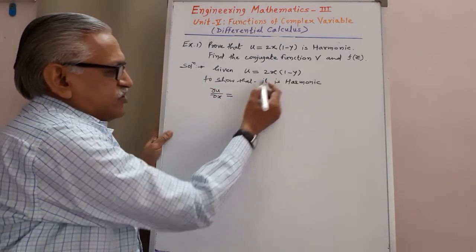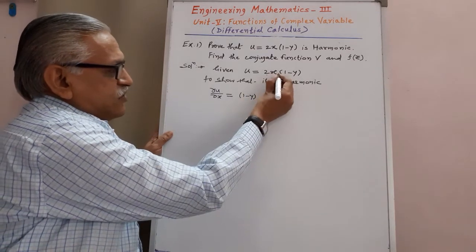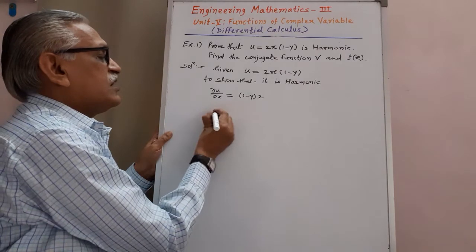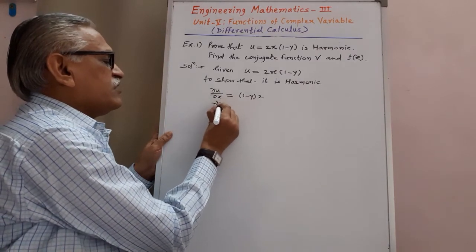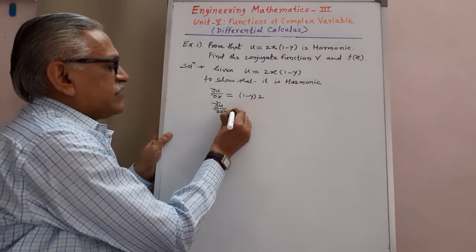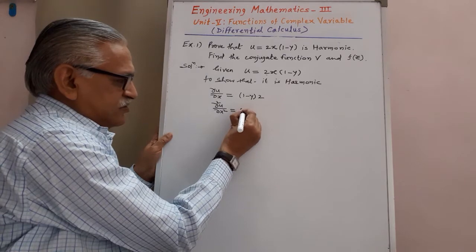Therefore, y constant means the 1 − y term is a constant outside. The derivative of 2x with respect to x is 2. Again differentiating with respect to x, we get the next derivative ∂²u/∂x² as 0.